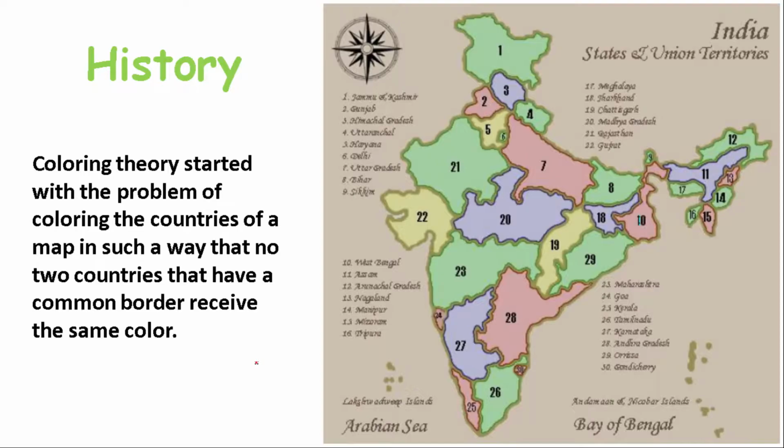So coloring theory started with the problem of coloring the countries of a map in such a way that no two countries with a common border receive the same color. This is one example, India, colored with four colors, and corresponding to this we have the four color theorem, that every planar graph can be colored with four different colors.